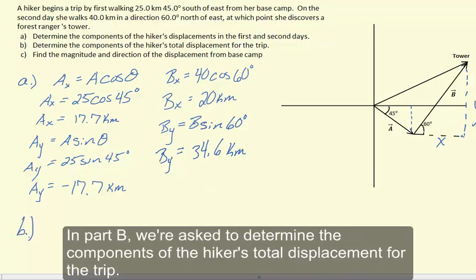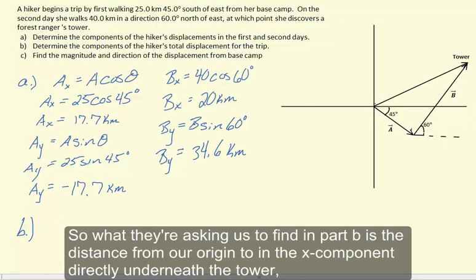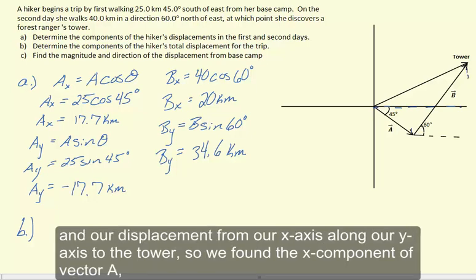In part B, we're asked to determine the components of the hiker's total displacement for the trip. So what they're asking us to find in part B is the distance from our origin to an x component directly underneath the tower, and our displacement from our x-axis along our y-axis to the tower.